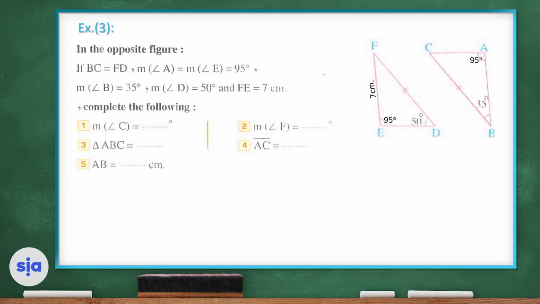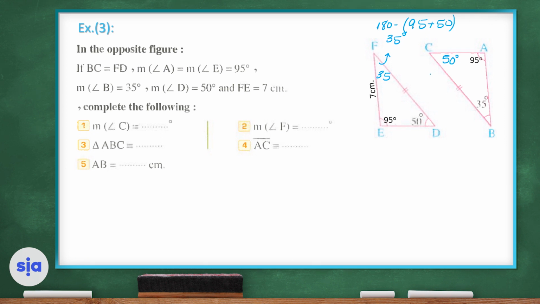How come? If we calculate this angle, it's 180 take away 95 plus 50, so it is 35 degrees. So this angle is 35 degrees. If we calculate this angle, it will be 50 degrees.